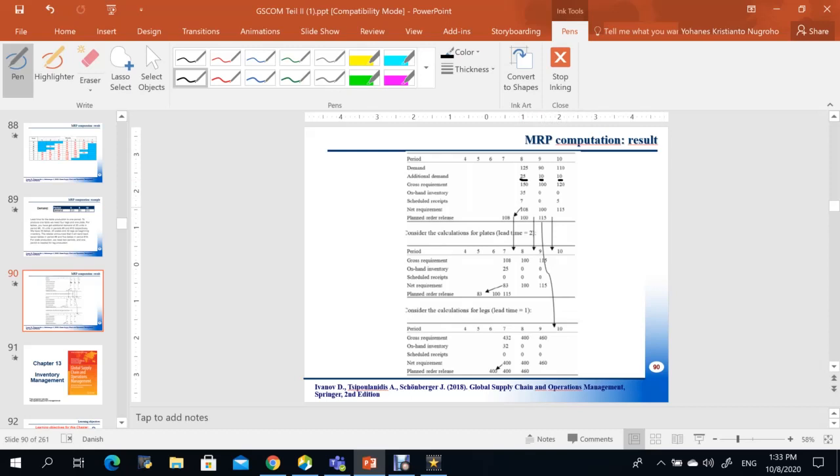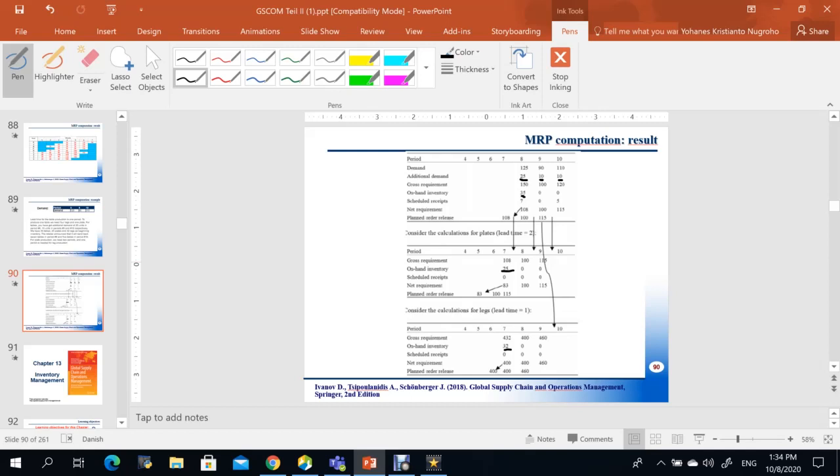We have 35 tables, 25 plates, and 32 legs at the beginning of the planning period.